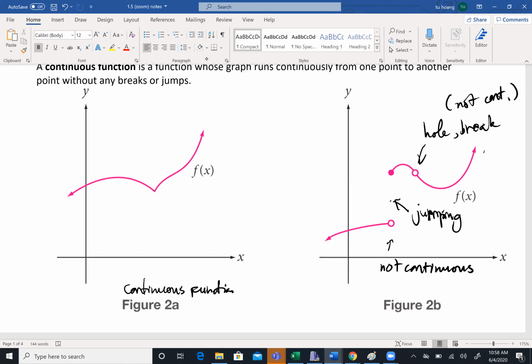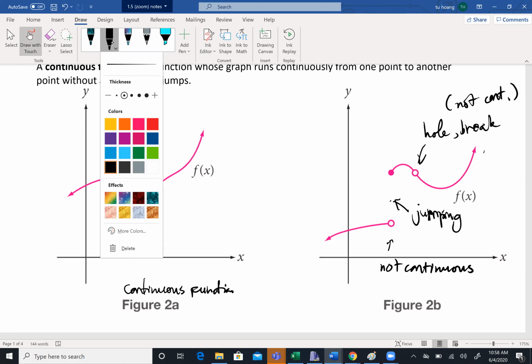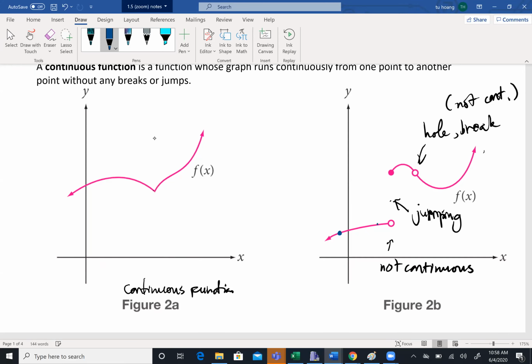However, maybe you're going to ask, is there any way I can still see if this function is continuous? Let me change color. If you just consider between this point and this point, then this is a continuous part. Or you can consider from this point to the other one here.